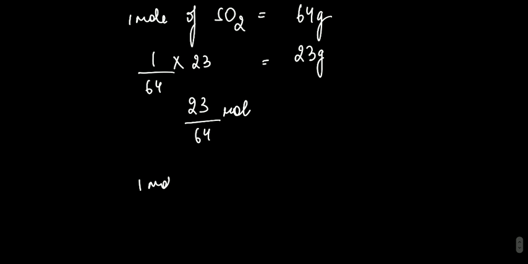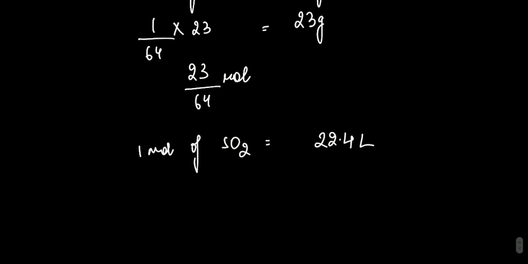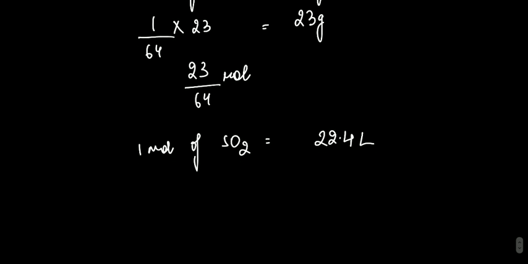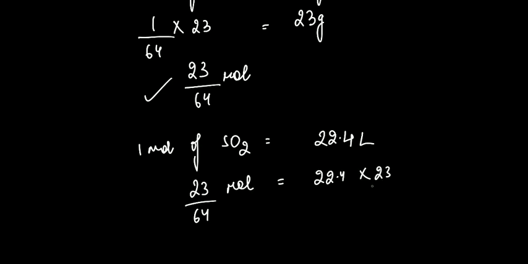So 1 mole of sulfur dioxide is equal to how much volume? It occupies how much volume? 22.4 liter. So we have the number of moles that we calculated. 23 divided by 64 mole will be equal to 22.4 into 23. See, we are doing crisscross only.